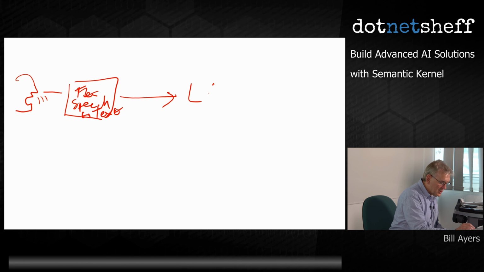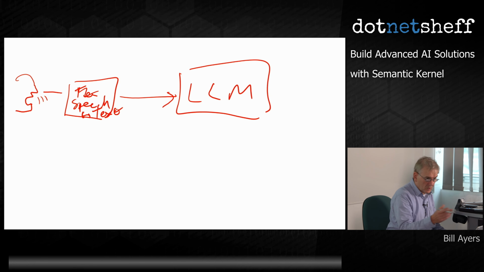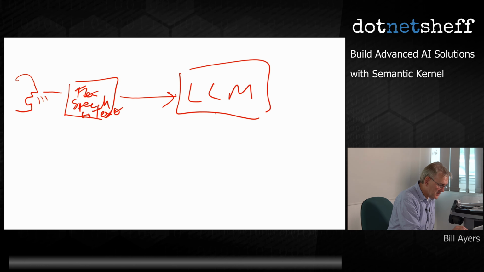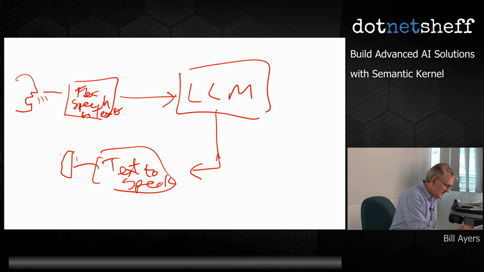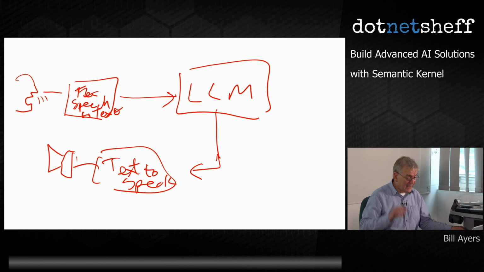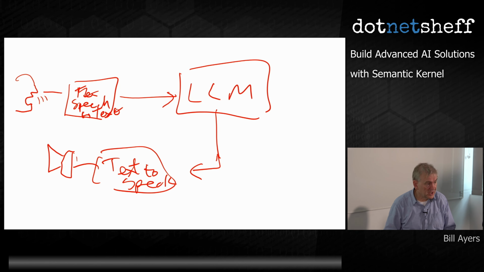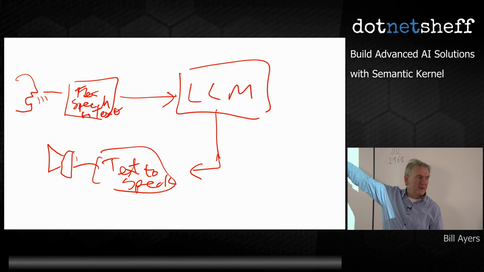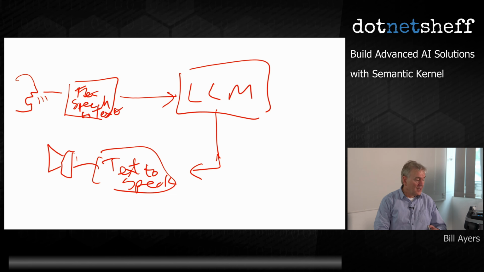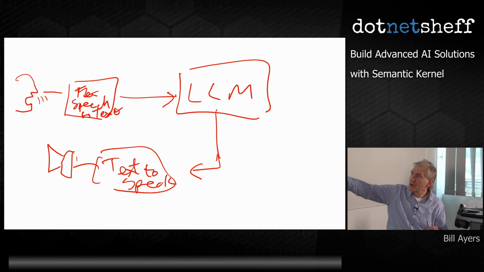You feed that to a large language model with all those other mechanisms around it to do the processing of the text. And then the large language model comes back and we do text to speech. That's how Alexa or Cortana or something like that works. Actually, they don't have such good language models behind them, and that's a cost thing because large language models are expensive. But that's the process that you'd use.